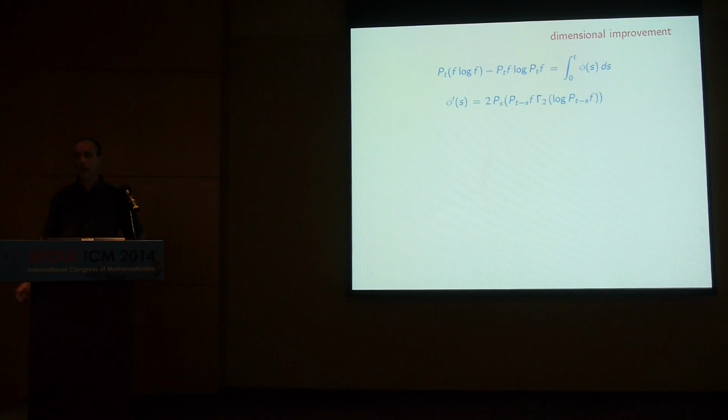So let us start again with this heat flow interpolation. This is a summary of the argument. You develop the entropy along the semigroup by the integral of its derivative, which is this phi, which is this Fisher information along the semigroup, and then you take the derivative of this function phi, and you see the gamma 2 operator, which is entering into the picture.